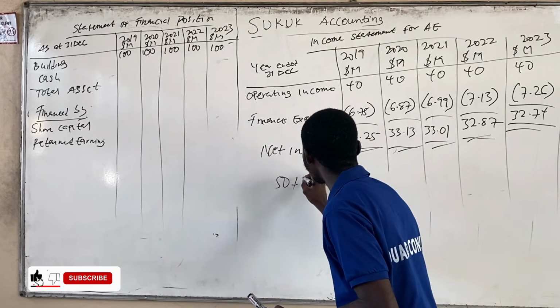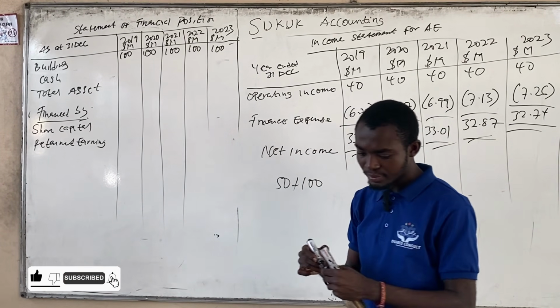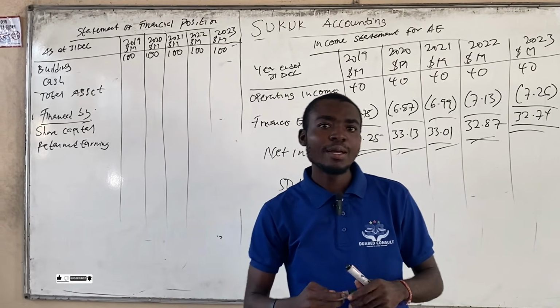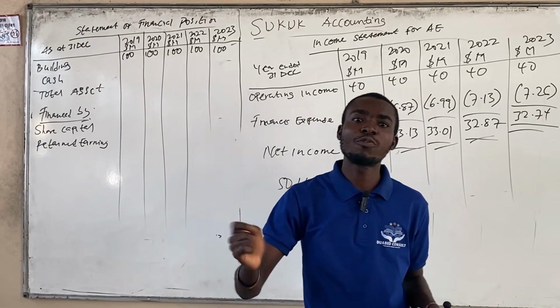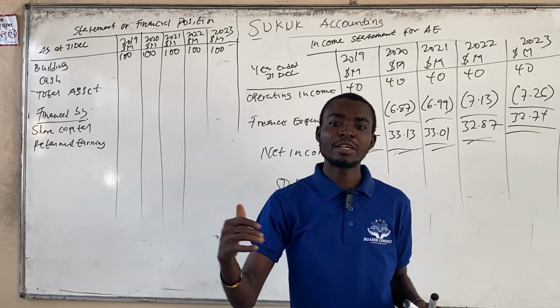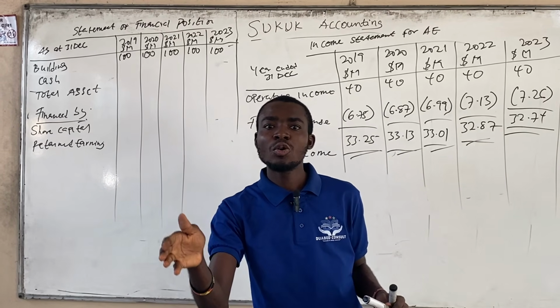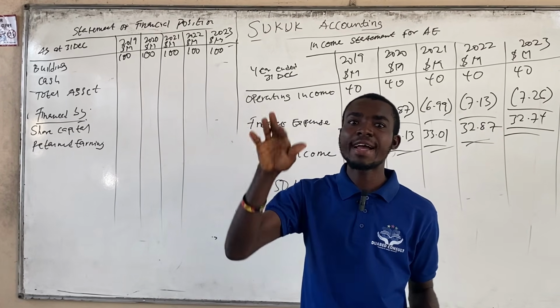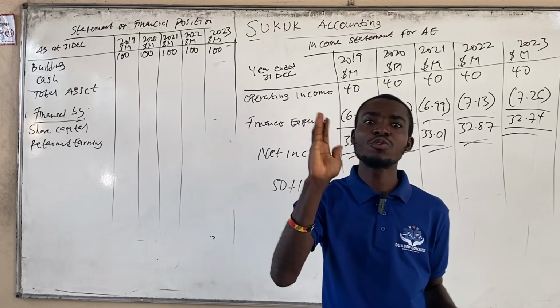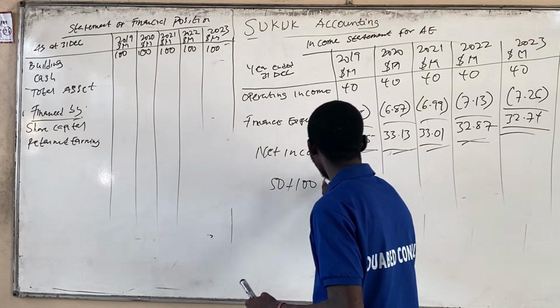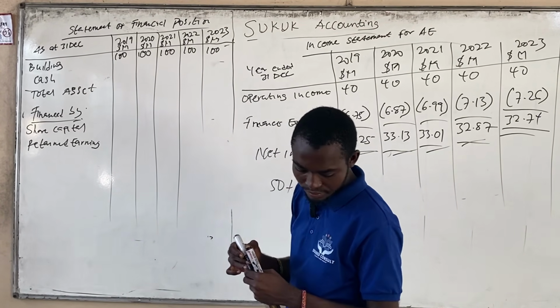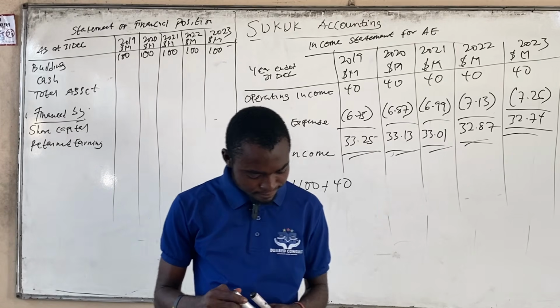So 150 million plus. And also, the organization made profits of 40 million. And from the question, it was stated that we assume that all the transactions were on cash basis. So it means that all the 40 million were received in cash. So plus 40.